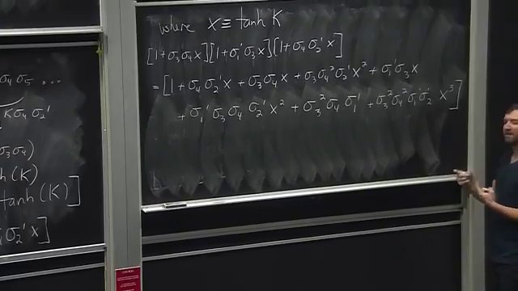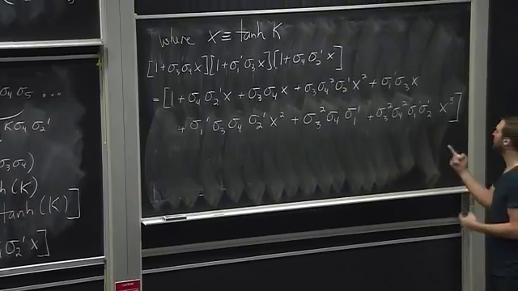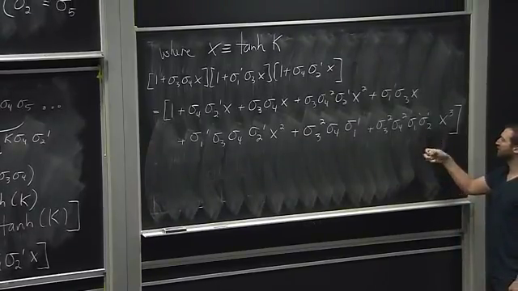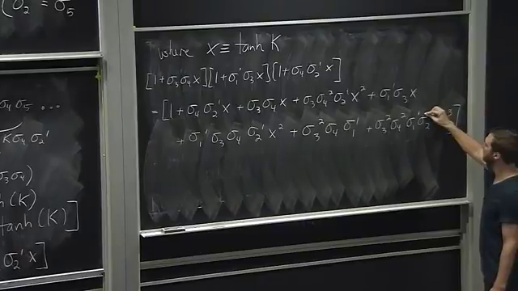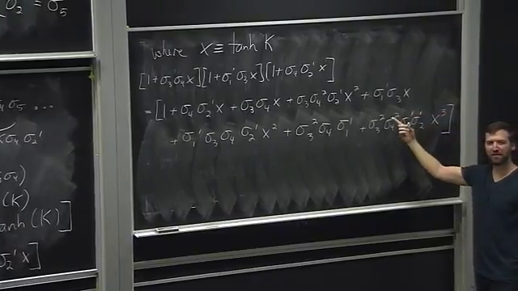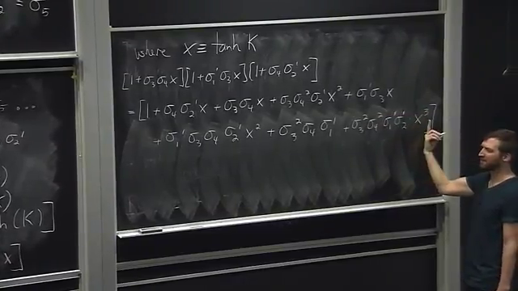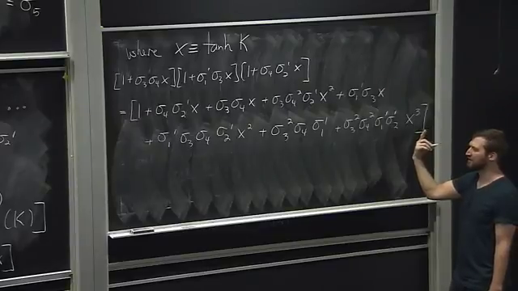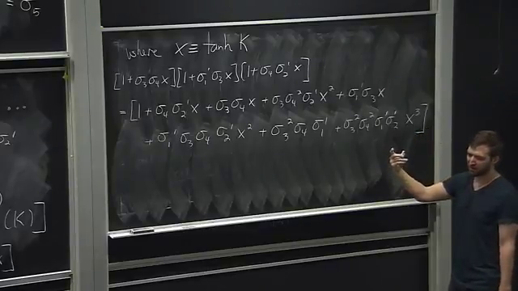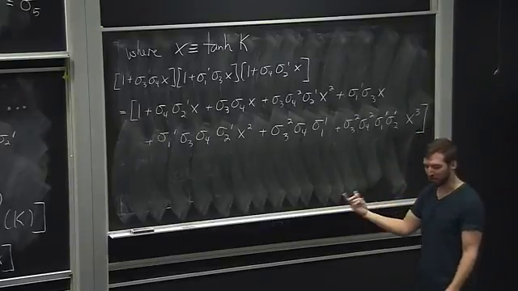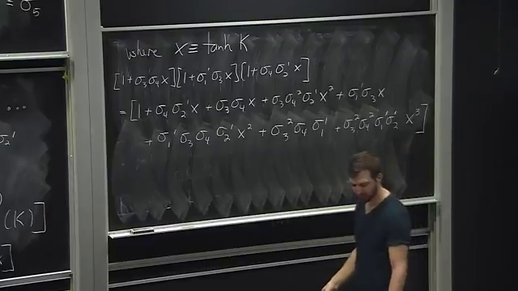So when I take the trace, I'm keeping the block spins, sigma 1, sigma 2, the primes. So everything with prime I'm keeping, and what the trace is doing is summing over sigma 3 equals plus minus 1 and sigma 4 equals plus minus 1.